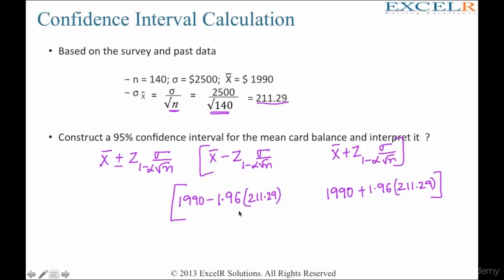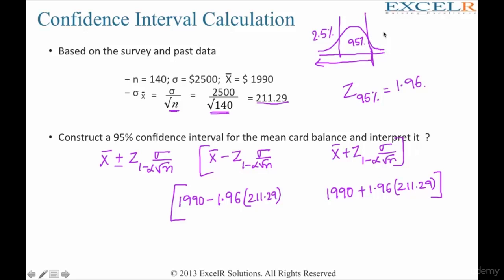And if you all are wondering, Z 95% is 1.96, but one very good question is when you construct this interval, you're calculating Z value at this location, right? That is 95% plus 2.5%, right? What about this remaining 2.5%?